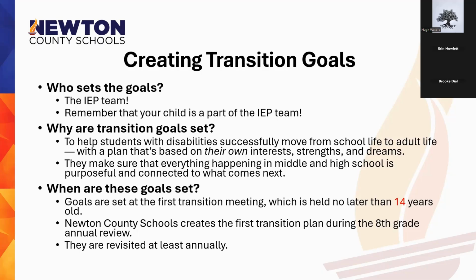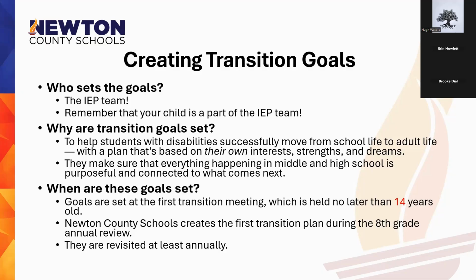We especially try to make sure it's geared toward their interests, their strengths, and what they want to do with their lives. Everything is monitored, developed, and accounted for through middle school and high school, so that when they graduate or age out of high school, they are doing what they want to do.